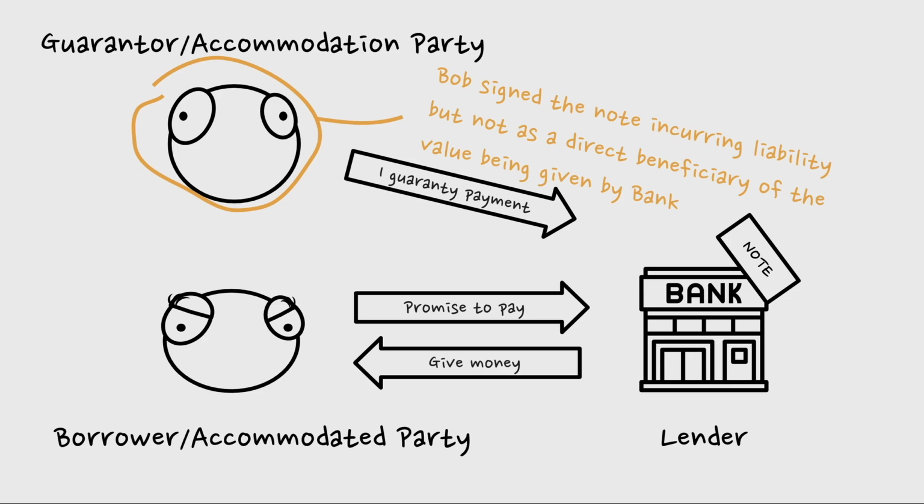And keep in mind, it's okay if there's some indirect benefit that he's getting. The question is, is he getting any of the loan proceeds? And the answer is no, he's not. He's just incurring liability without getting any of that money. Therefore, he's an accommodation party. That's the way that Article 3 defines whether or not he's an accommodation party or something other than that.